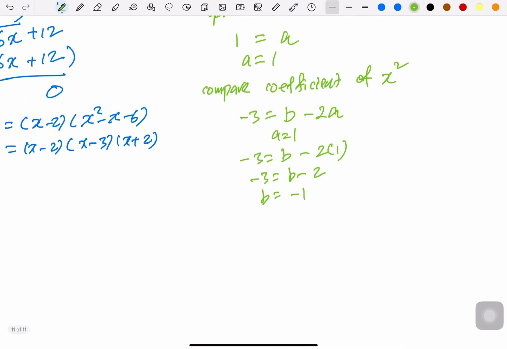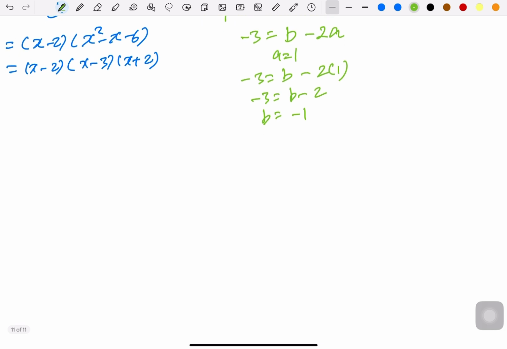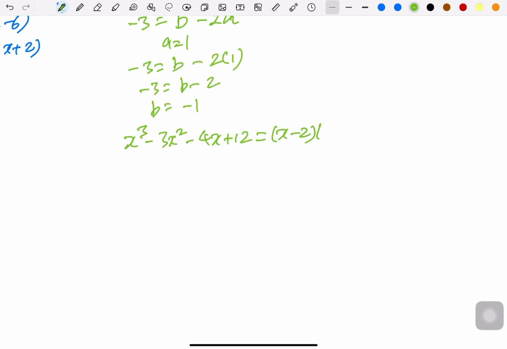So I'll rewrite this, which is x cubed minus 3x squared minus 4x plus 12. This is x minus, right? I know that initially, that's the beginning, I write this. So I know that a is 1, b is minus 1, c is minus 6.